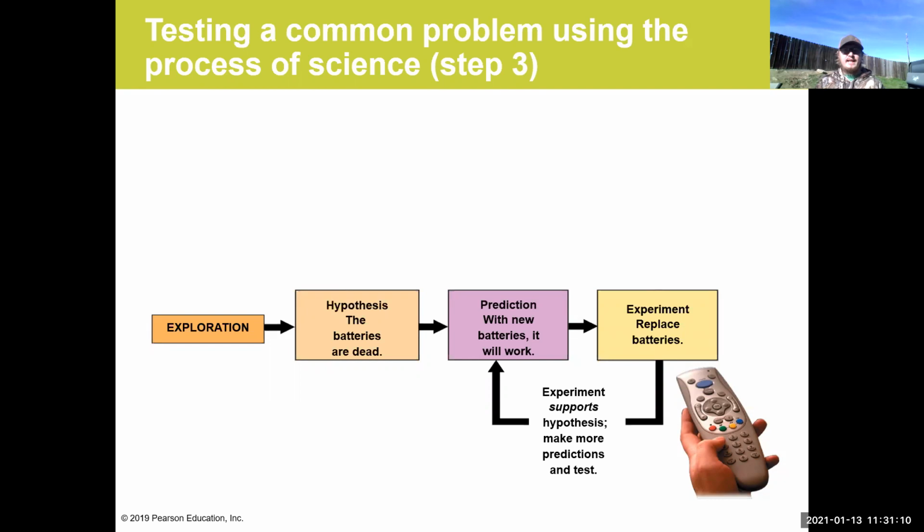So we will make a different hypothesis, make a different prediction, and then test again. And you can keep going through this process until you determine the outcome. All outcomes are valid, that's a bad way to word it. But you can keep generating hypotheses until you figure out why your remote control is not working.